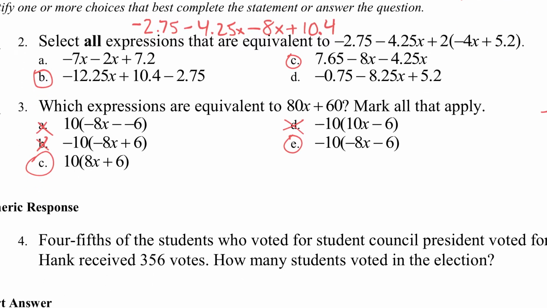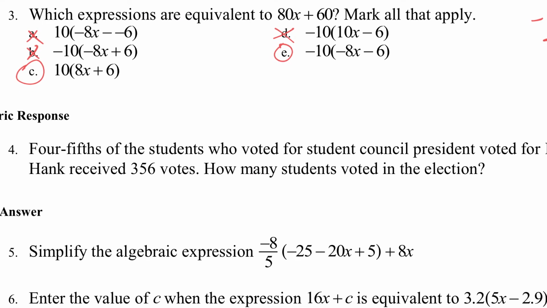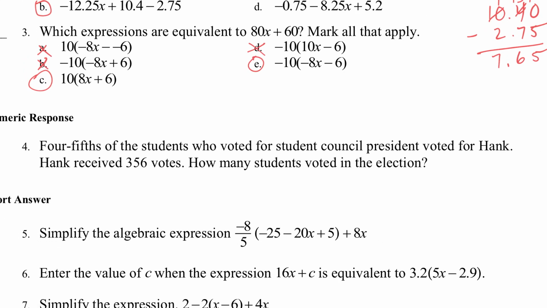All right, let's see here. Let's look at number 4. 4/5 of the students who voted for a student council president voted for Hank. Hank received 356 votes. How many students voted in the election? 4/5 of the students.